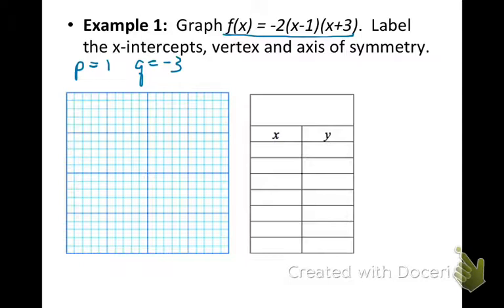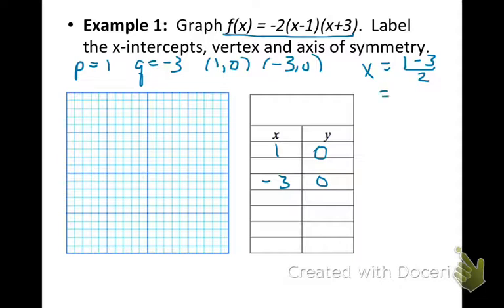So that means I've got 2 points, (1, 0) and (-3, 0), that I know already on my parabola. So I can place those in my xy table. Then I'm going to find my axis of symmetry, which is also the x value of the vertex. So I take p plus q and divide it by 2.